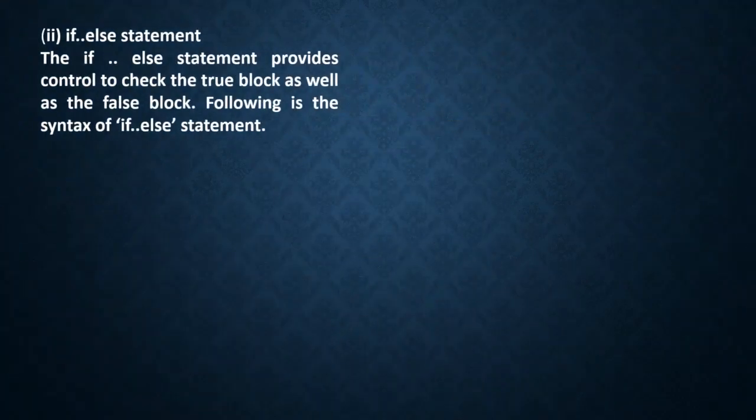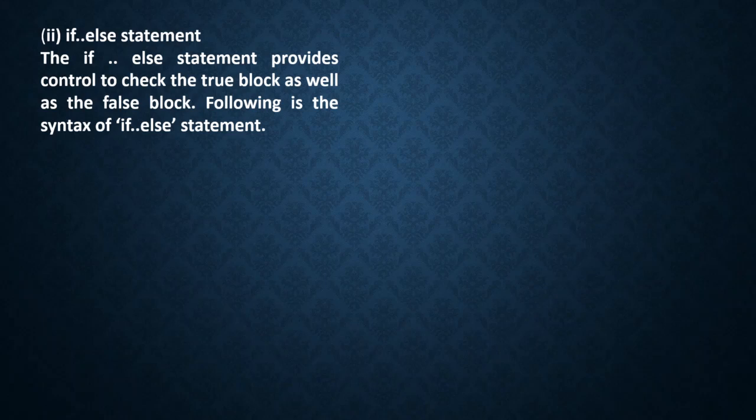So let us see the if else statement. The if else statement is a bit more advanced than the if statement. In the if statement, we learned that only the true block will be executed. But in the if else statement, we have a false block.